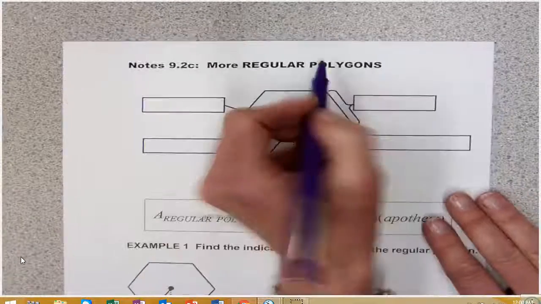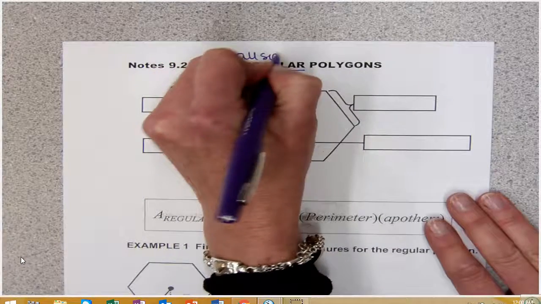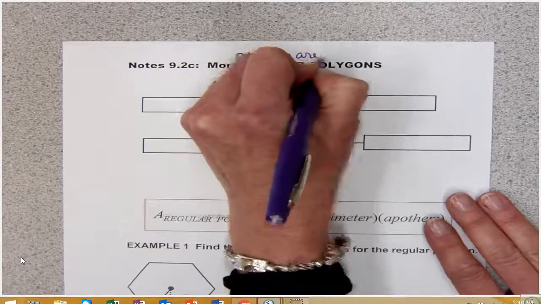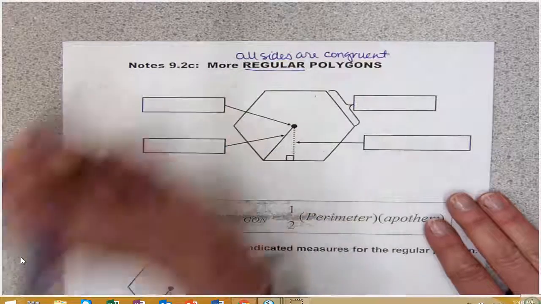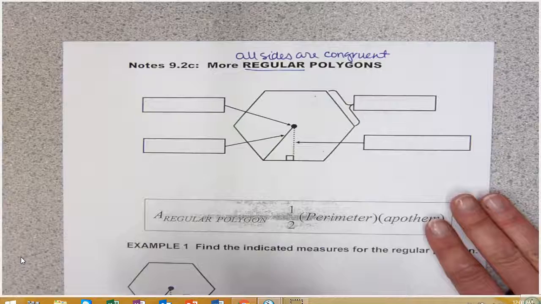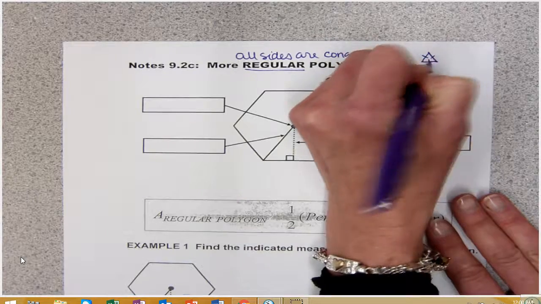We're talking about regular polygons, which means all sides are congruent. One type of polygon that we're very familiar with, where all sides are congruent, is the equilateral triangle, right?